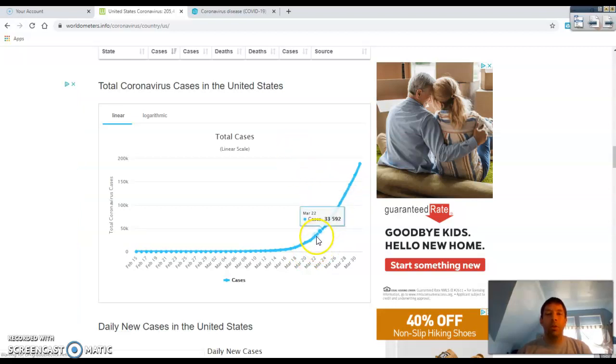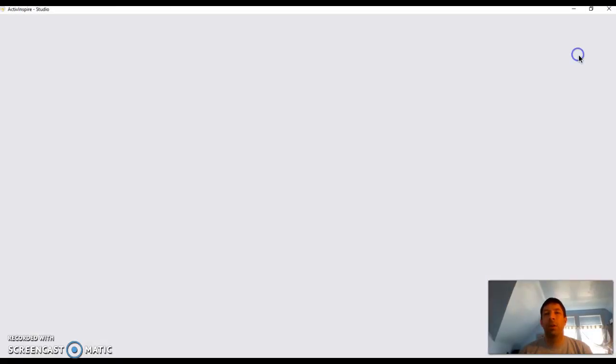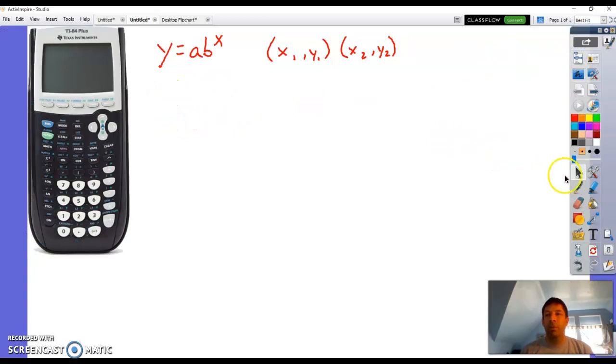So we're going to take 2 points from this graph. I'm going to take March 22nd, and you can see 33,592 cases. I'm going to write that as a point, using 22 and then 33,592.